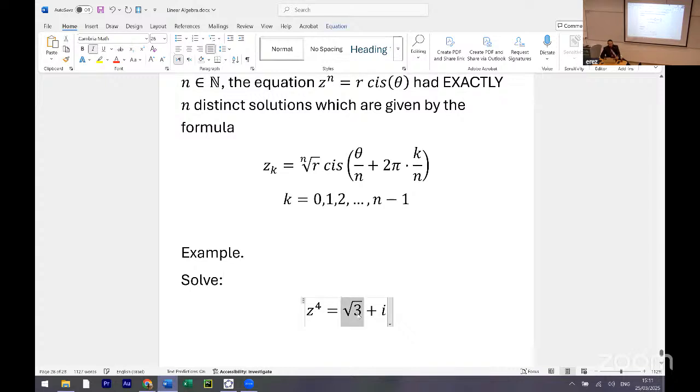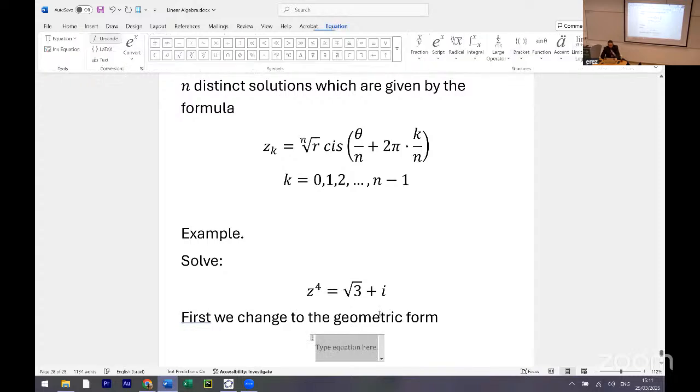The first step is to convert the number from algebraic notation to the geometric one. So first, we change to the geometric form. So z to the 4 equals the geometric form, which was 2 cis pi over 6.